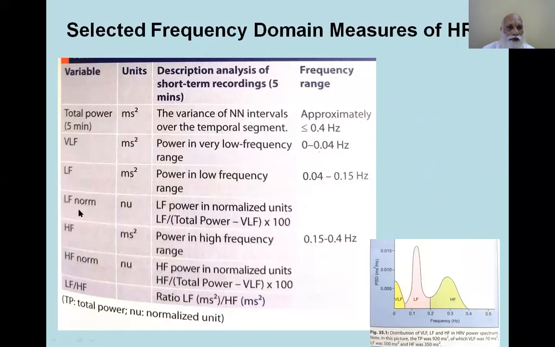So high frequency changes occur with parasympathetic activity, and low frequency changes occur with sympathetic activity. This is because parasympathetic vagal stimulation is quick and rapid, while sympathetic adrenergic hormones are slow.